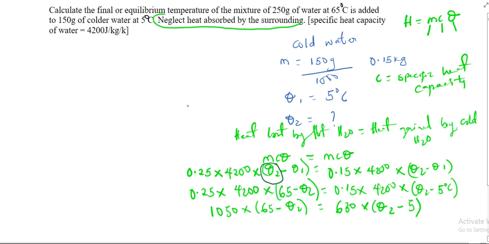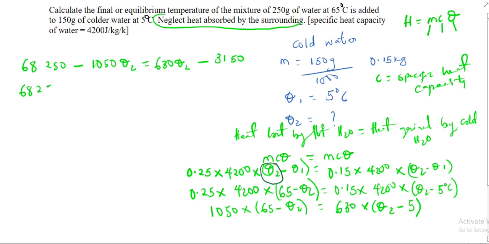So let's go on now. If you multiply 1,050 by 65, that gives us 68,250, minus 1,050 theta 2, equals, you open that bracket there also, you have 630 theta 2 minus 630 multiplied by 5, that is 3,150. So we can collect our like terms now.